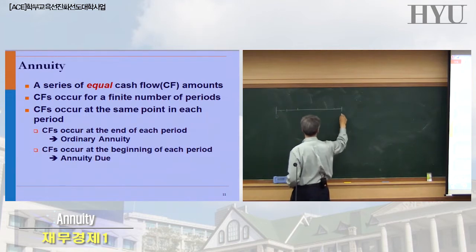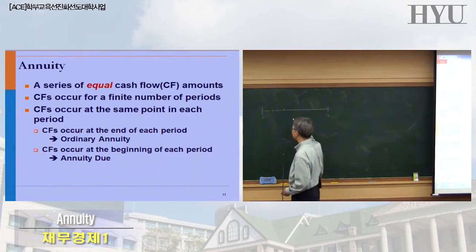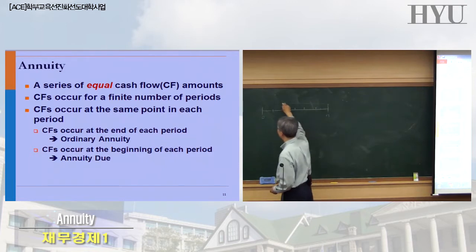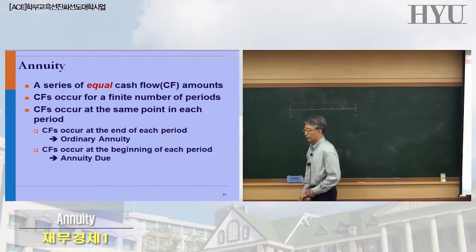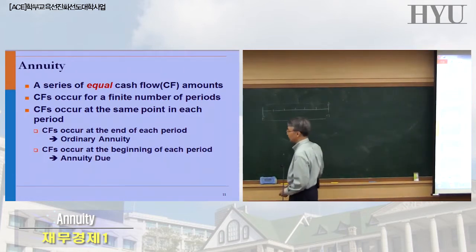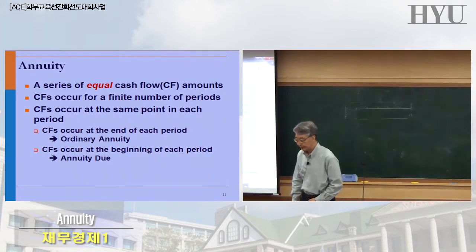Let's say we have n periods. And last class we just talked about a single cash flow at the end of a certain period and how to discount that to the present value. Or if you invest a certain amount, by the end of the nth period, how much that will be. That was the concept of future value and present value.